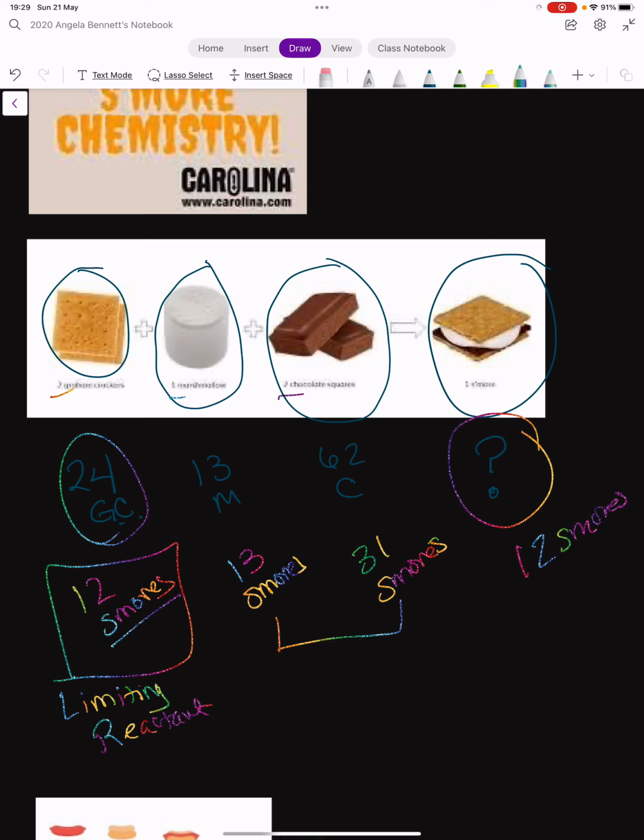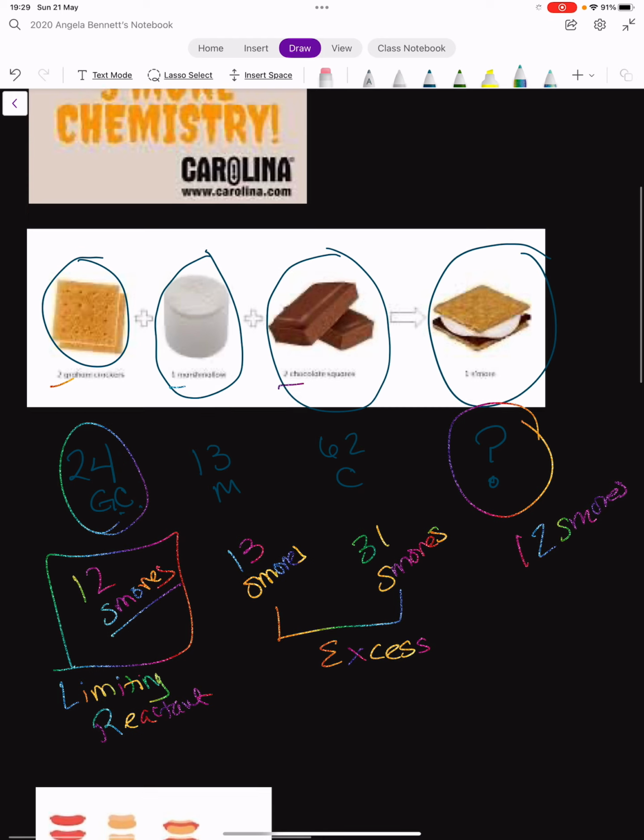And for the other 2, I will have extras left over. I'm going to have extra marshmallows and extra chocolate. Because they're extras, we call them excess. They are in excess. That is what they are called, and that is basically what we are doing with limiting reactant problems.